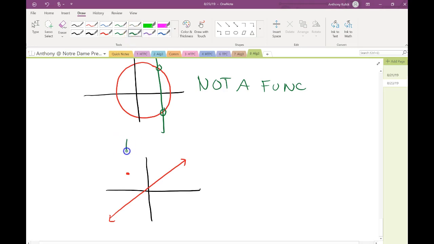No, there is just this one spot where I can draw a vertical line that intersects the graph more than once. That one spot being where the point is. It still makes this not a function. Even though there's only one spot that's a problem, that's enough to say that the whole thing is not a function.